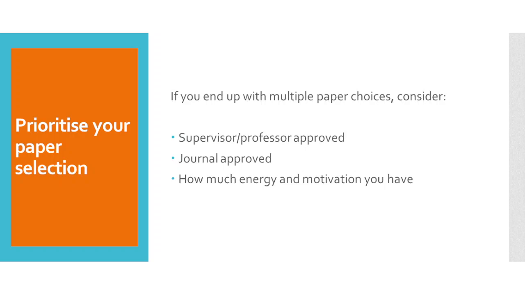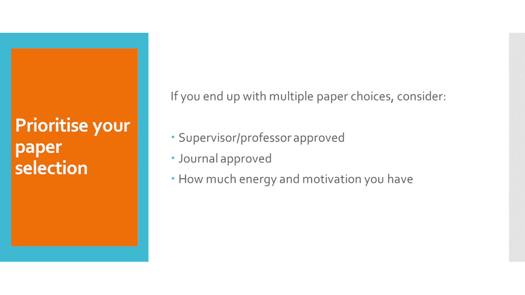So what do you do if you are left with several candidate papers that you could write? If you are unsure which one to choose, consider the following tips. Does your supervisor or professor approve of the paper or have encouraged its publication? Has your article received a revise and resubmit notice from a journal?